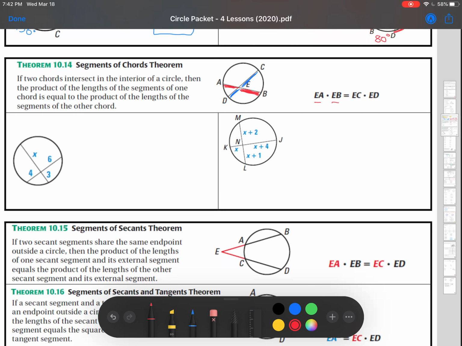So I'm going to say that the 4 times the 6 in this example would equal the x times the 3, the other chord. So we'd have 24 equals 3x, divided by 3, and x would be 8. And then you could always go back and check. 8 times 3 is the same as 4 times 6, so that works.